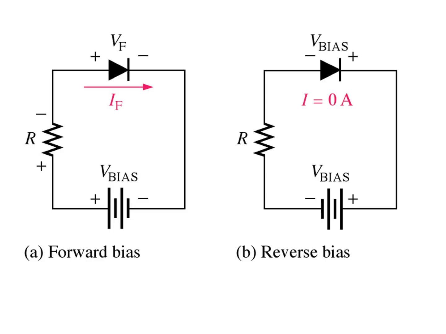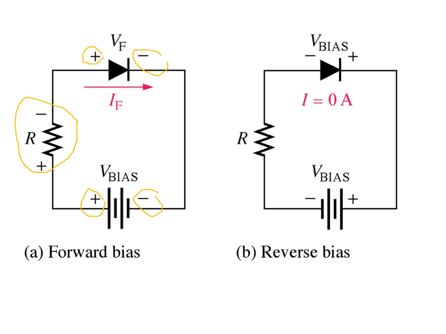The positive terminal of the V bias is connected to the anode of the diode through a current limiting resistor. You want to limit the current through the diode, so you put a resistor in series, and the negative terminal of the source is connected to the cathode.